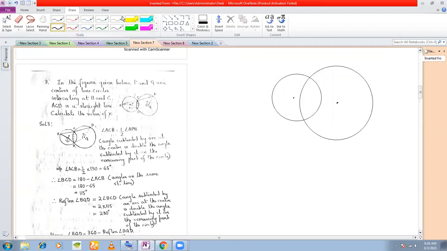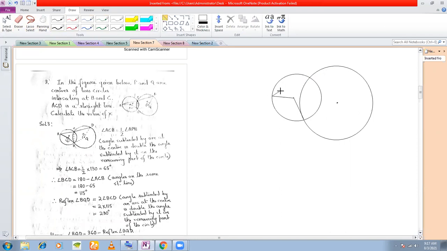This is a figure that is given to you. This is given to be as a dotted line.